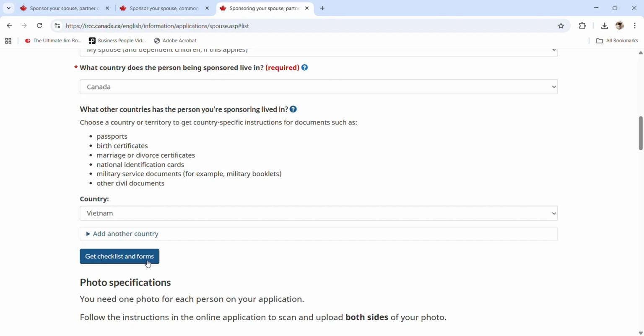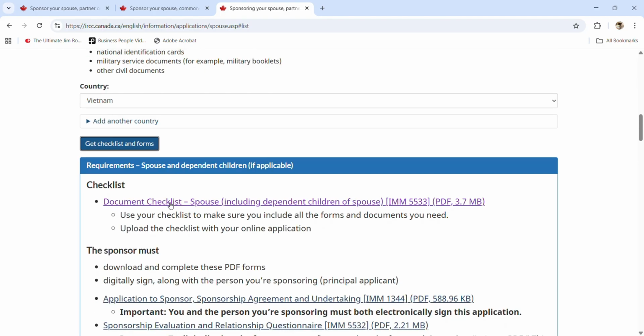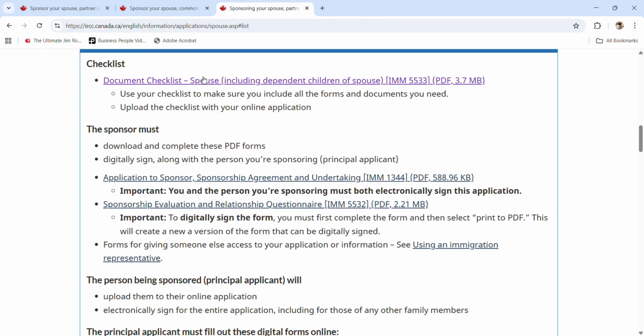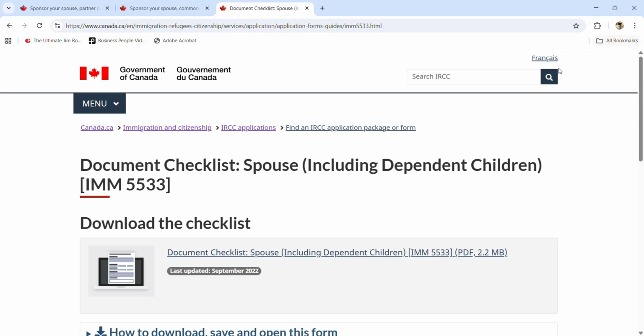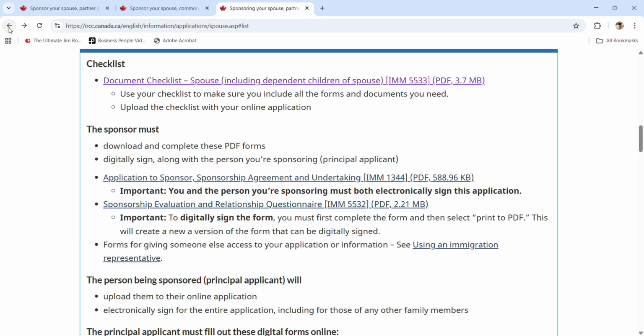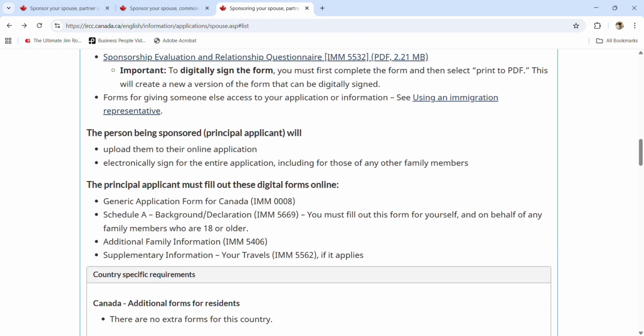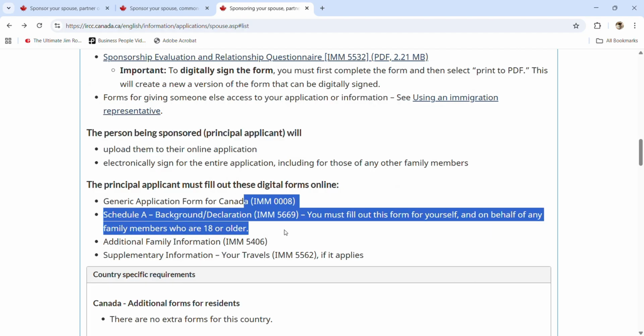After that, I get the checklist and forms. In here, you can open the checklist to see what forms you will need to provide to the IRCC. There are many. The sponsor must download the undertaking form that I discussed before, and then the sponsorship evaluation and relationship questionnaire, and the principal application, and many other forms.